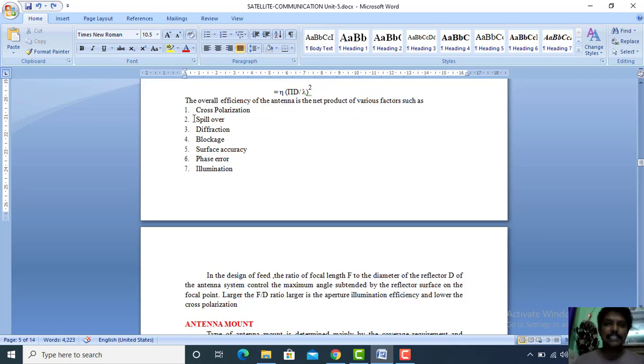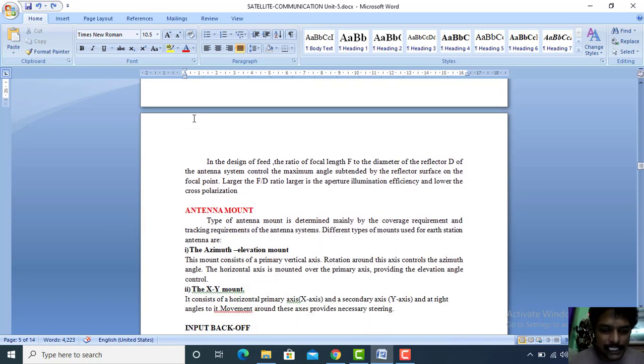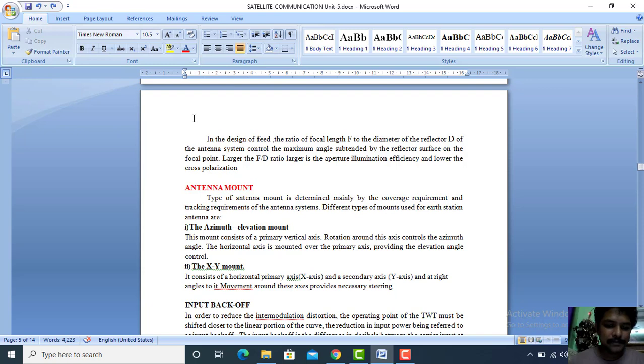Cross polarization is when different antennas of different types are combined to carry the signal transmission from the satellite to the earth station. So these are the things that tell you how the antenna subsystem is operating.